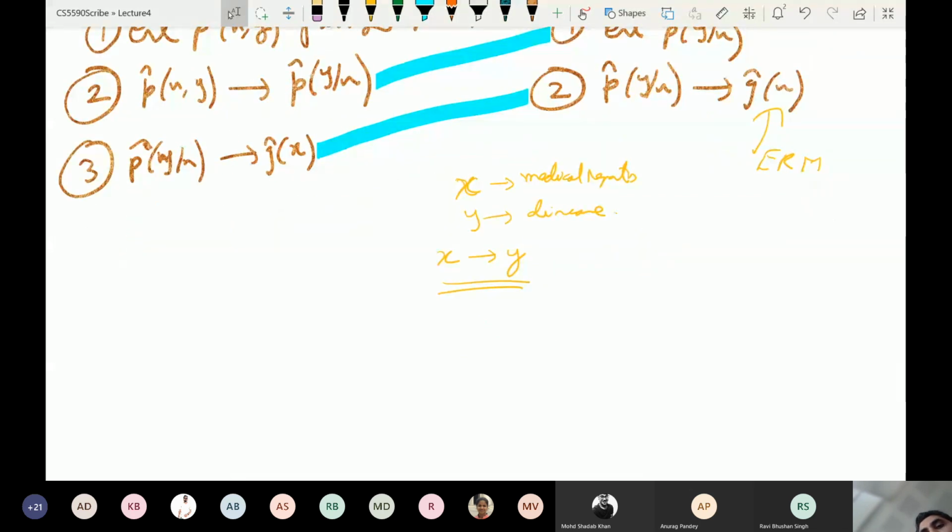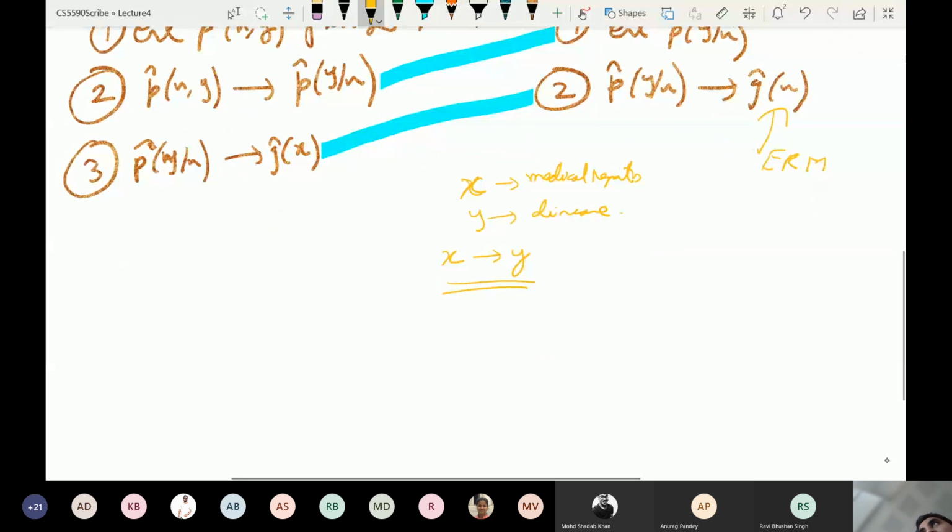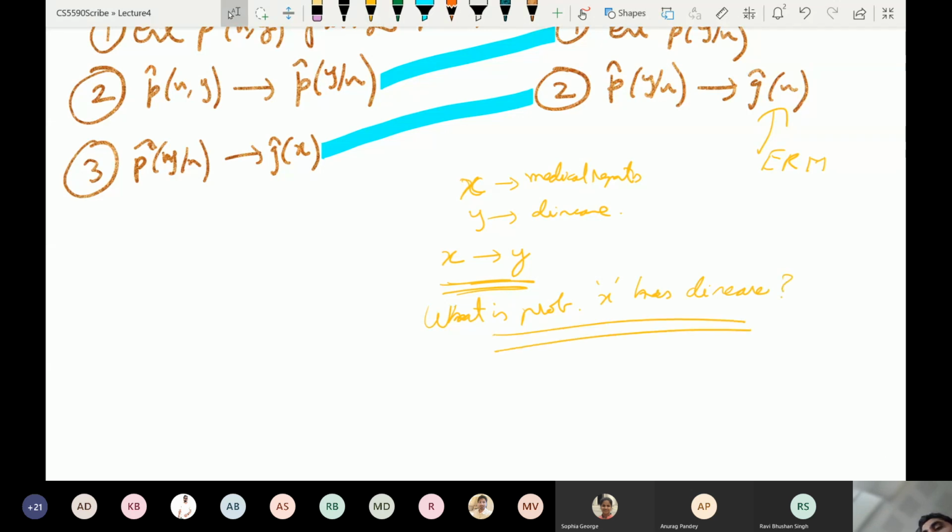But suppose somebody asks, whatever the answer given by the ERM model, what is the probability that it is right? What is the probability that x has the disease? Such questions cannot be answered by non-probabilistic models.